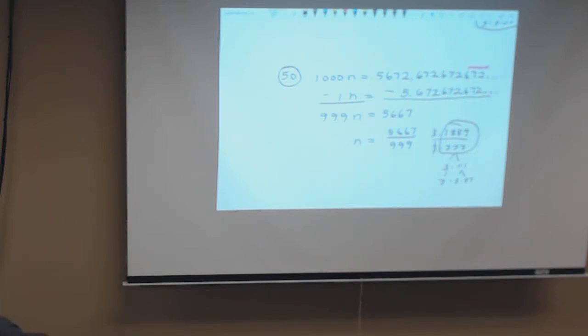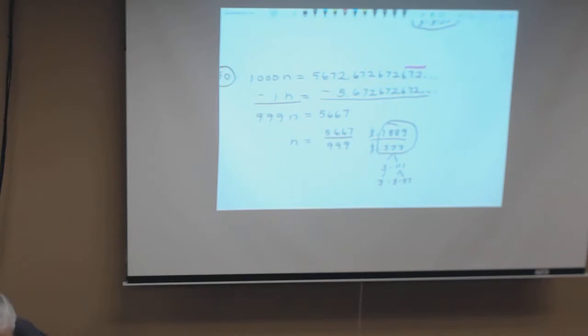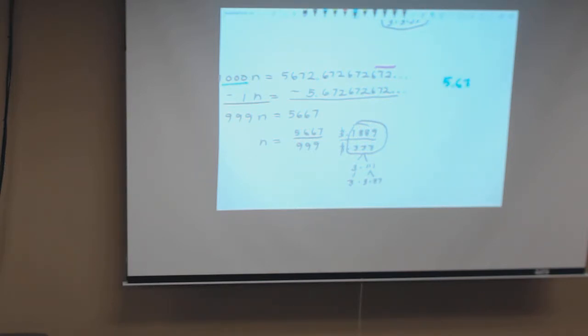Number 50. See what he did for number 50? 3 things repeat, so I'm going to use 1,000. But now he had a number in front of it, didn't he? He had written for number 50, 5.672 with this repeating.